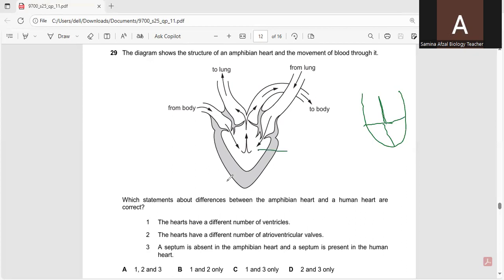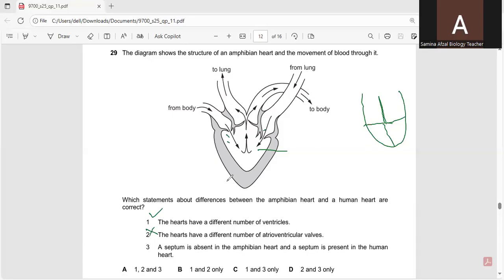It means the first statement is correct. The hearts have a different number of atrioventricular walls. There are two atrioventricular walls in the human heart and the same over here. So this statement will not be considered as correct.